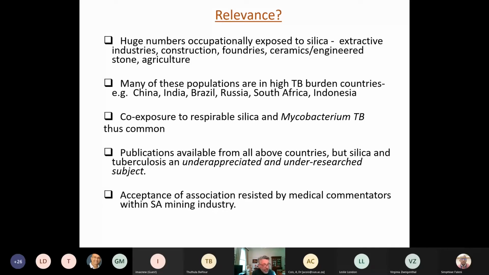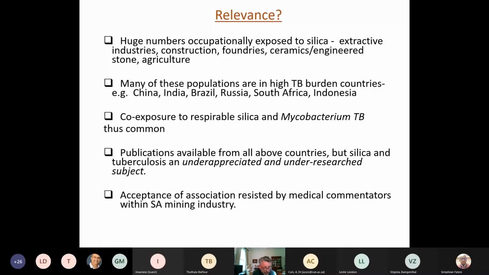Interestingly, these are the BRICS countries, for what it's worth, and also Indonesia, another massive country. So globally, co-exposure to respirable silica dust and MTB are common. However, having kept a close watch on publications from all the above countries and other countries, it strikes me that the relationship between silica and tuberculosis is an underappreciated and under-researched subject, and not without controversy.